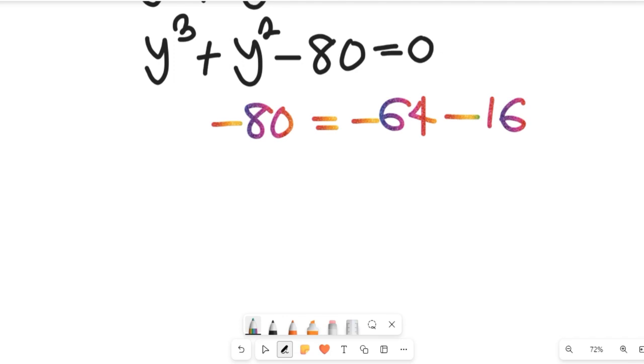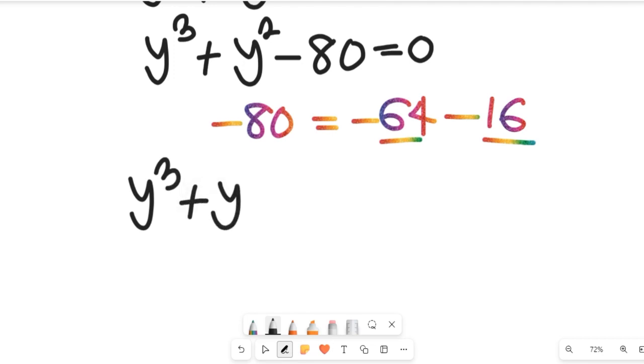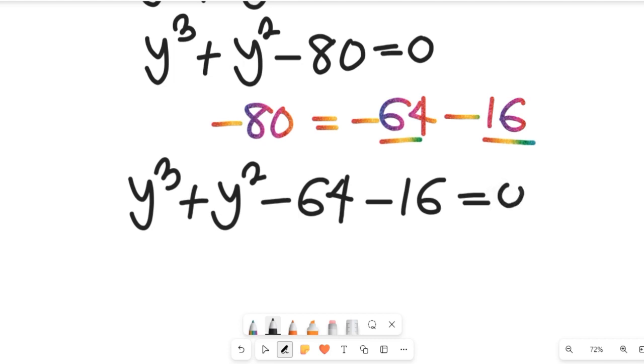Now I'm using this because this is factorizable and this is also factorizable. If we do that, that will now give us y to the power of 3 plus y to the power of 2 minus 64 minus 16, and this will be equal to 0.